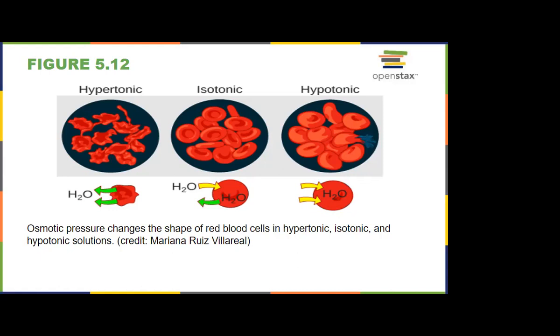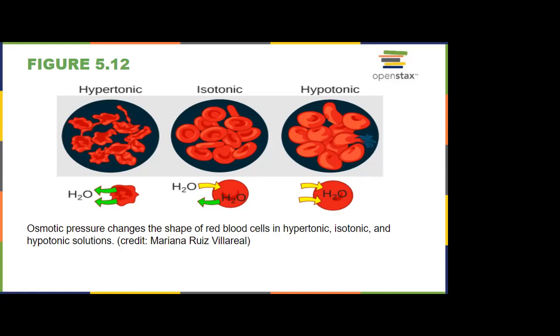Yeah. So if you have lots of solute in your solution outside the cell in a hypertonic solution, you can infer that the concentration of solute inside the cell is less. So outside it's hyper, inside it's hypo. What about if it's an isotonic solution outside? It's the same. And if you have a hypotonic solution outside the cell, less solute in the solution outside the cell, higher concentrations of solute in the solution inside the cell.